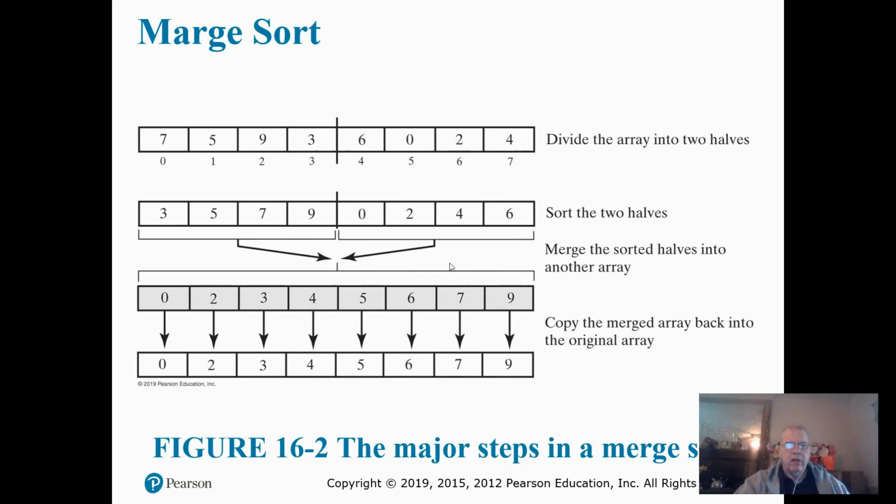The trick, if you will, of a merge sort is to start with the individual elements, and the individual element is, of course, sorted. 7 is greater than anything else in the list of 7.